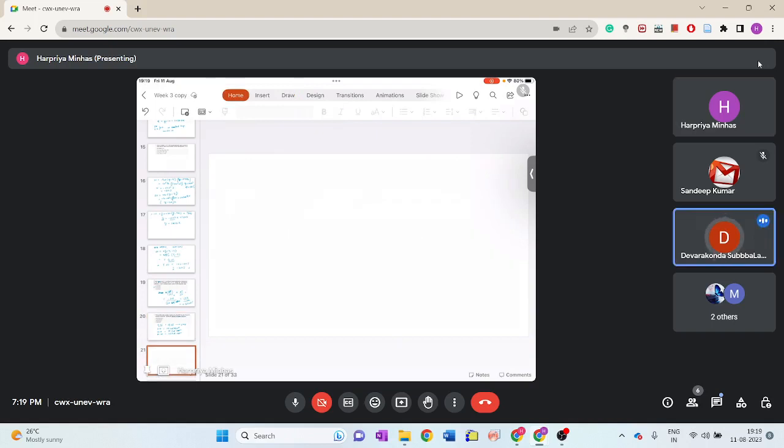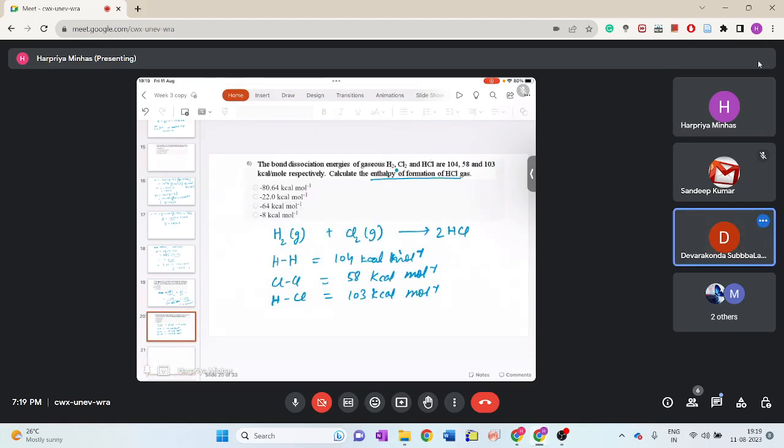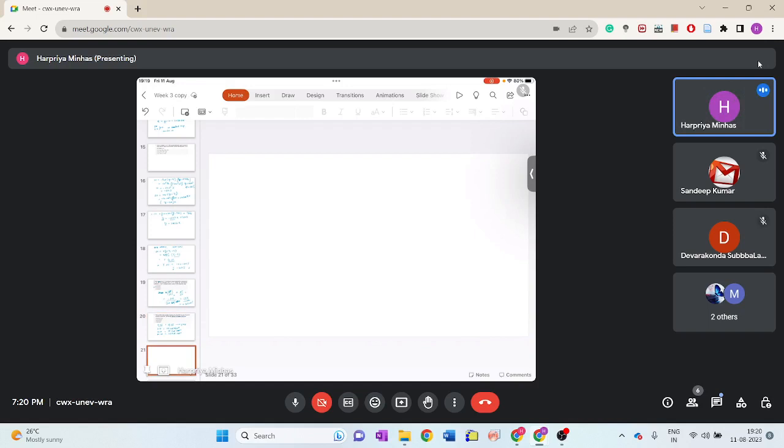Answer B, madam, minus 22. Yeah, it's option B, that is minus 22 kilocalories per mole. Okay, then let me solve it further.